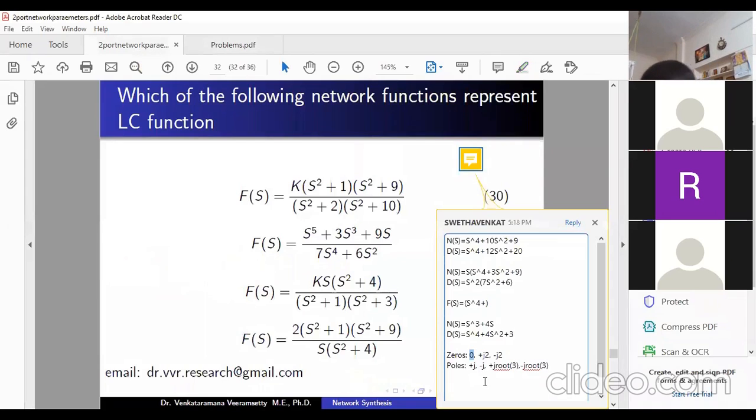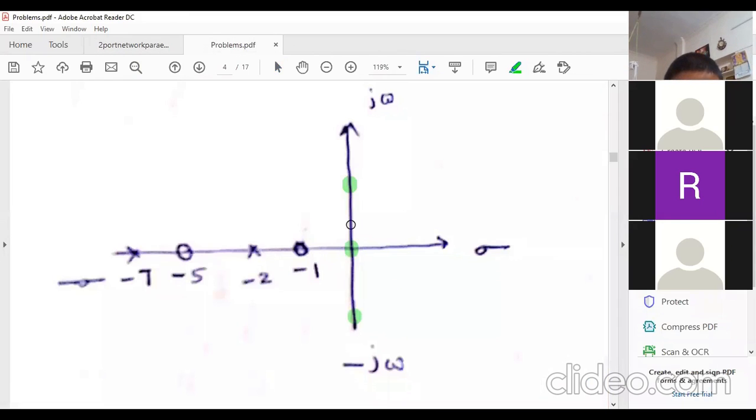The poles are at plus j1 and minus j1. So plus j1 and minus j1 means this is the 2 and this is the 0, and somewhere between is the pole. So now the pole is here at plus j1 and also at minus j1.